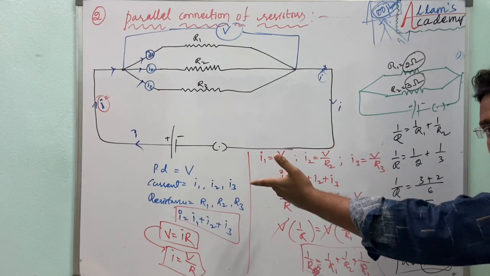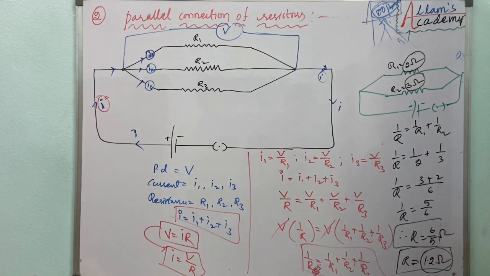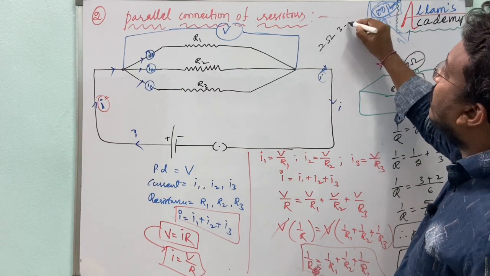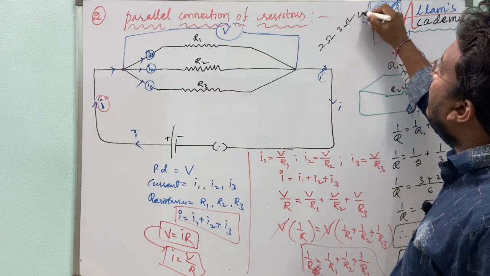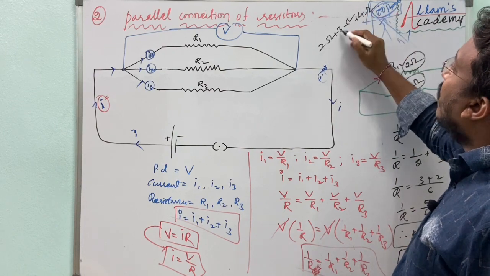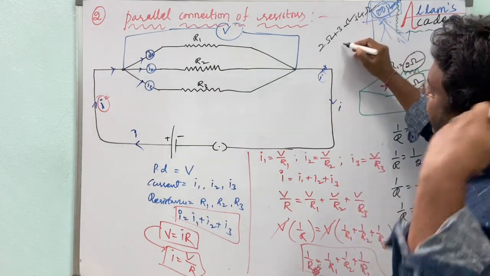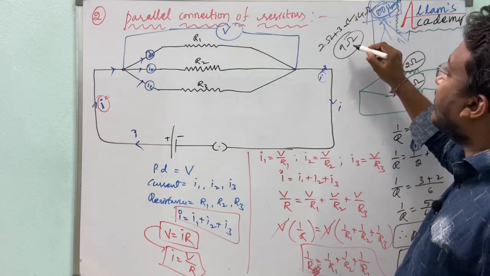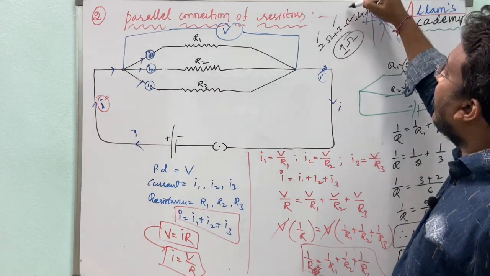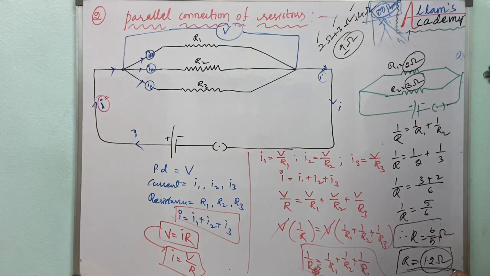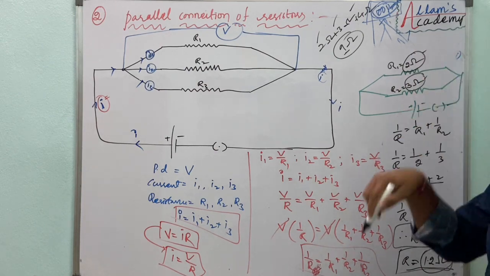For example, with 2 ohms, 3 ohms and 4 ohms in series, 2 plus 3 plus 4 is 9 ohms. 9 ohms is the effective resistance of the series connection, and 9 is greater than the individual resistors. Here, the effective resistance in the parallel connection is 1.2, which is less than the individual resistors.